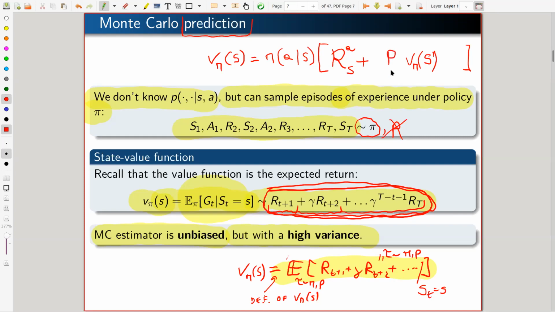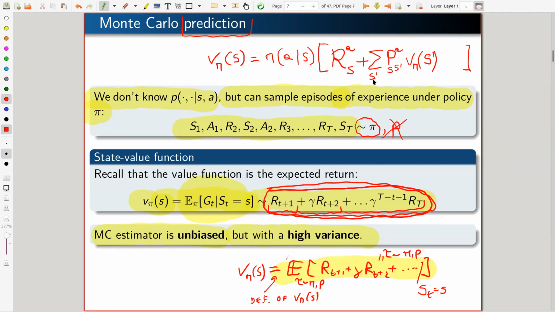The probability of landing in S prime starting from S, and this probability, remember, is given a certain action A. This was the notation. And then we have to sum over every state that we can reach.